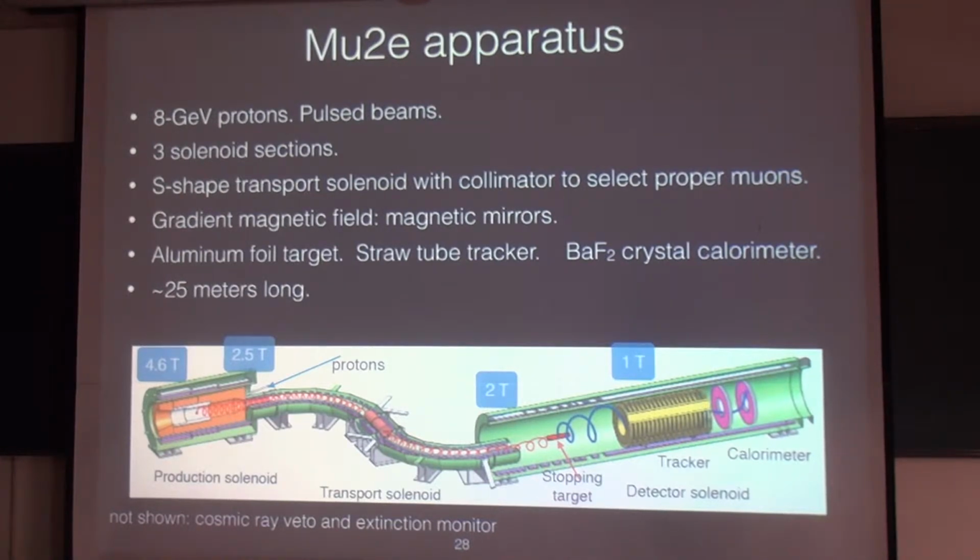How was it optimized? In the end, in the detector we want 1 Tesla, and that determines the size of your detector, because of the momentum we know. You want to optimize the resolution of the momentum in your tracker.